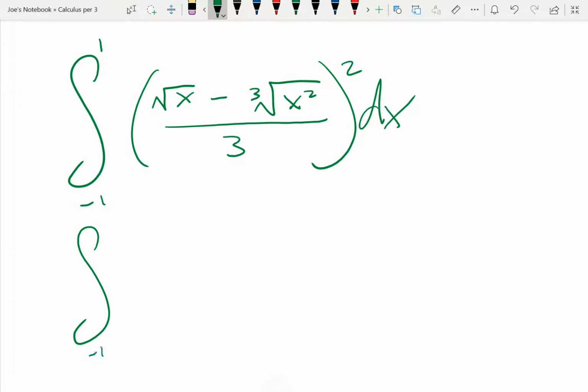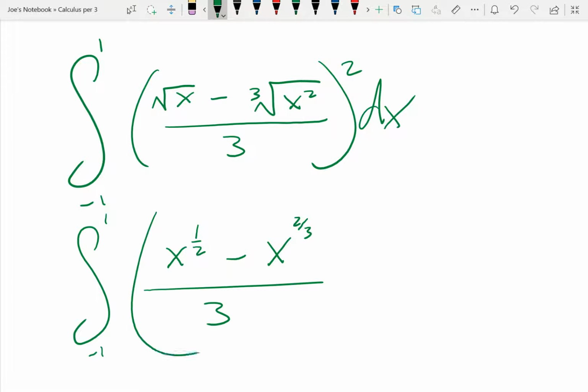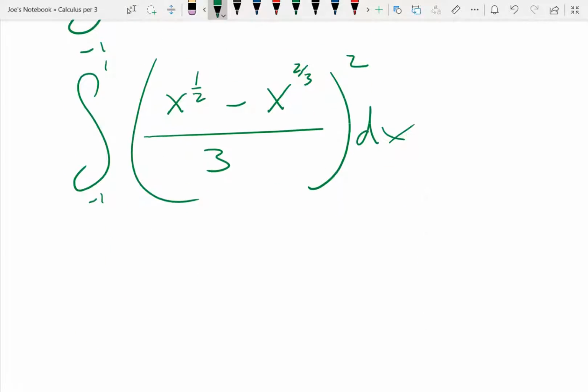So I would say this is going to be x to the 1/2 power minus x to the 2/3 power, all over 3. That's all good, right? And then let's just do it. It's just going to be simple. So we're going to have negative 1 to 1. I'm not going to do the whole thing. I don't want to bore you.